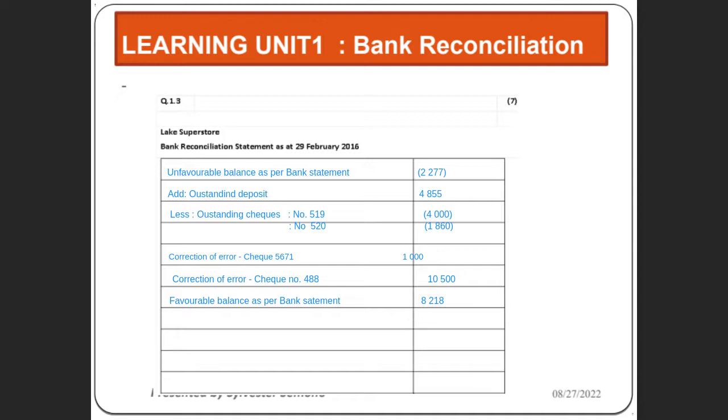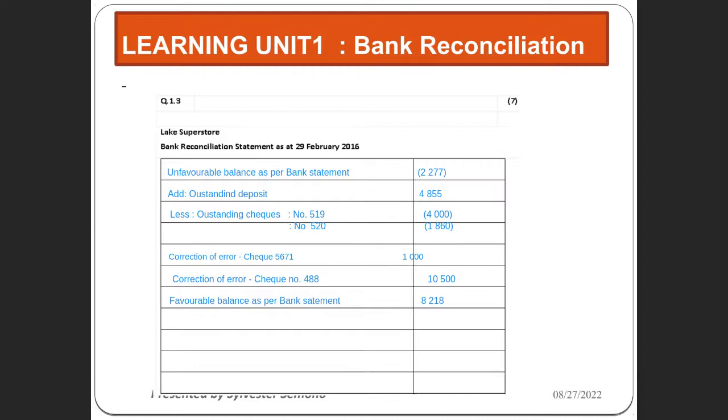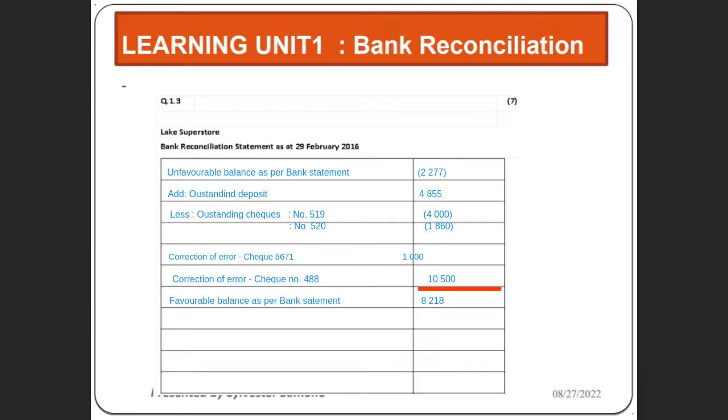Now I'm just going to put lines here so that it can make sense. This amount that you see for the bank, to show that we are correct, if we take all the amounts on top, we add or less, they must give us the 8218. Otherwise, there's something wrong somewhere. So take out the calculator and add the positives first and less the negatives and check if you get 8218.